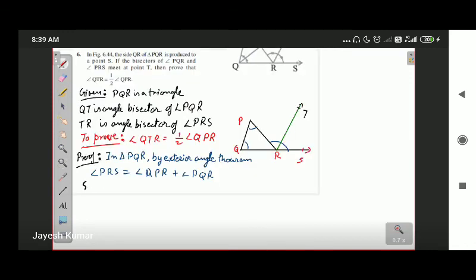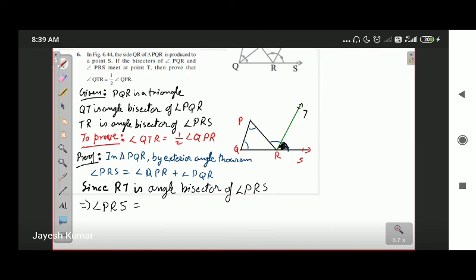Since RT is the angle bisector of angle PRS, that means angle PRS is equal to twice of this angle.